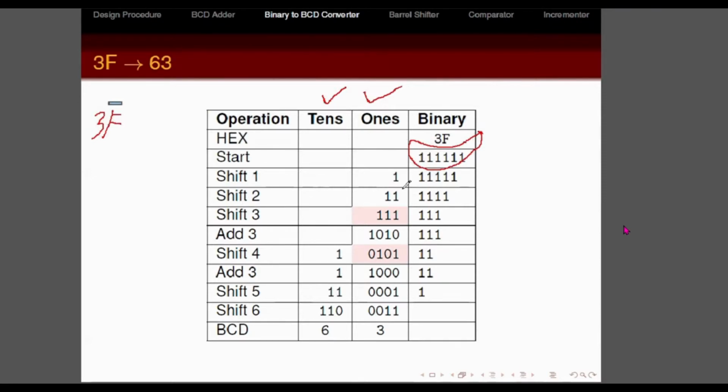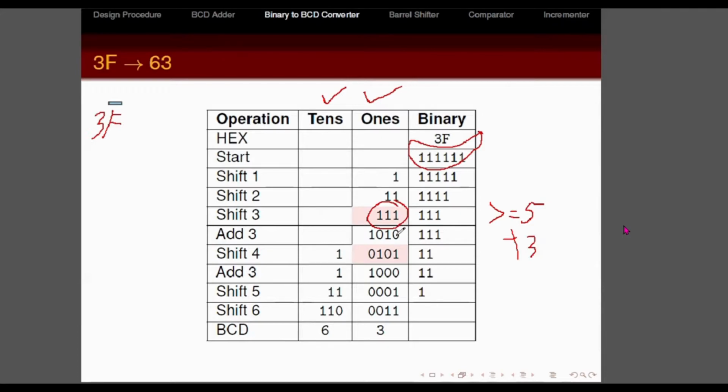So you shift the first time. So you shift the first one. Now check, is it greater than 5 or equal to 5? No. And shift again. This is 3. 3 is less than 5, so shift again. And now it becomes 7. Because 7 is now greater than or equal to 5, the condition is, if it's greater than or equal to 5, you have to add 3.